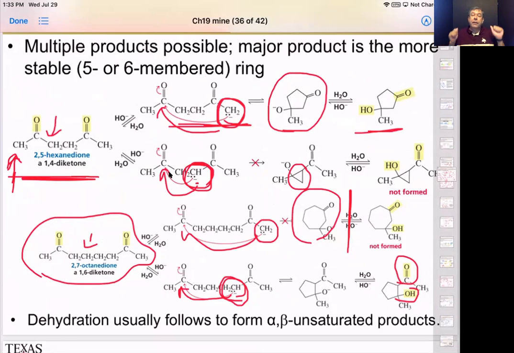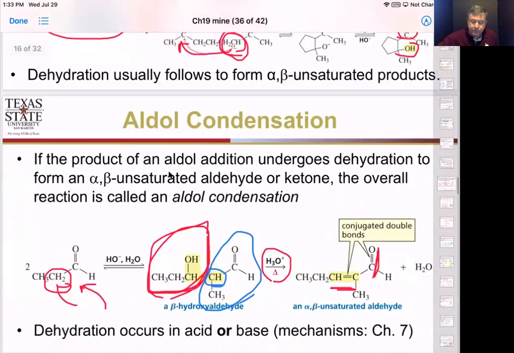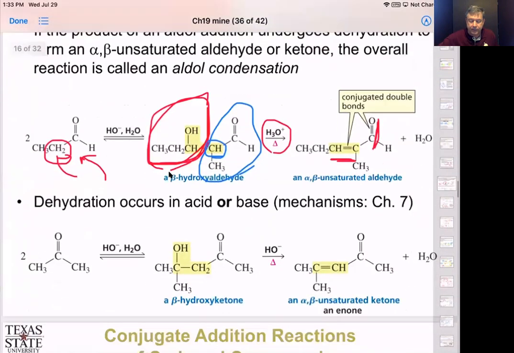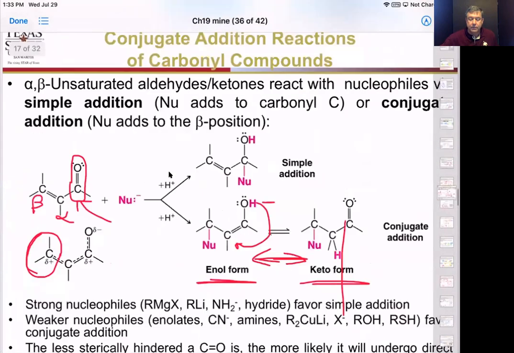Okay, now the aldol condensation follows a second step of heating to eliminate your beta hydroxy compound and give you an unsaturated alpha beta ketone or aldehyde. And once you have an unsaturated alpha beta ketone or aldehyde, you can do addition reactions on it. And that's the next step right here, our addition reactions.